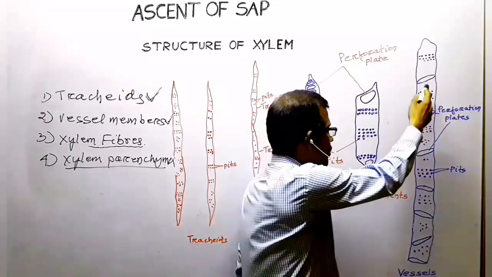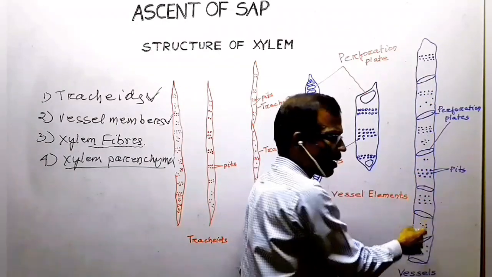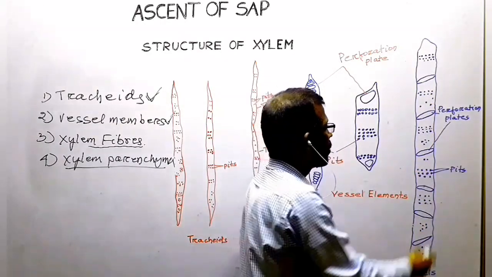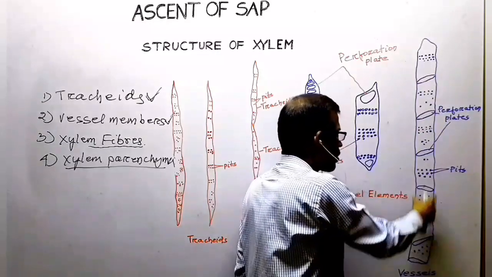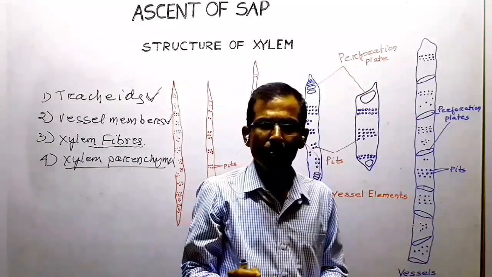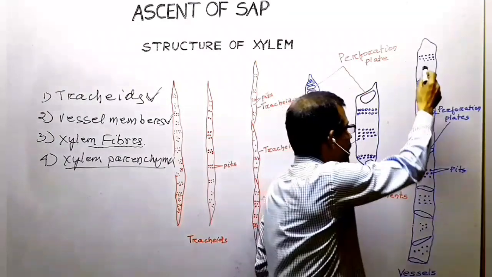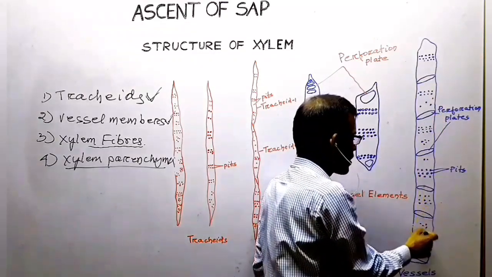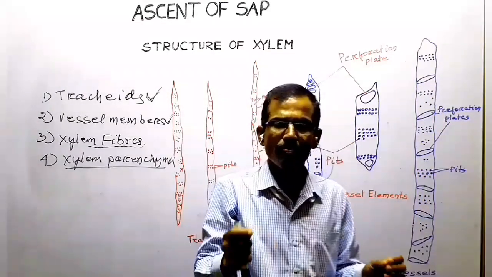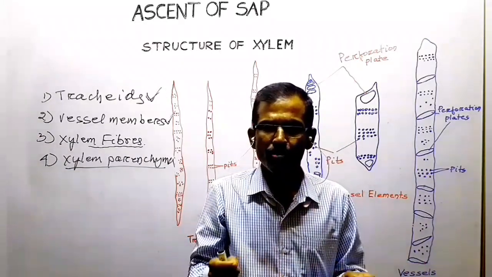In this figure, a number of vessel members are stacked end to end to form a broad tube-like structure known as vessels. It is due to the presence of perforation plate between adjacent vessel members. Vessels constitute a more efficient, less resistance path for water movement in plants.